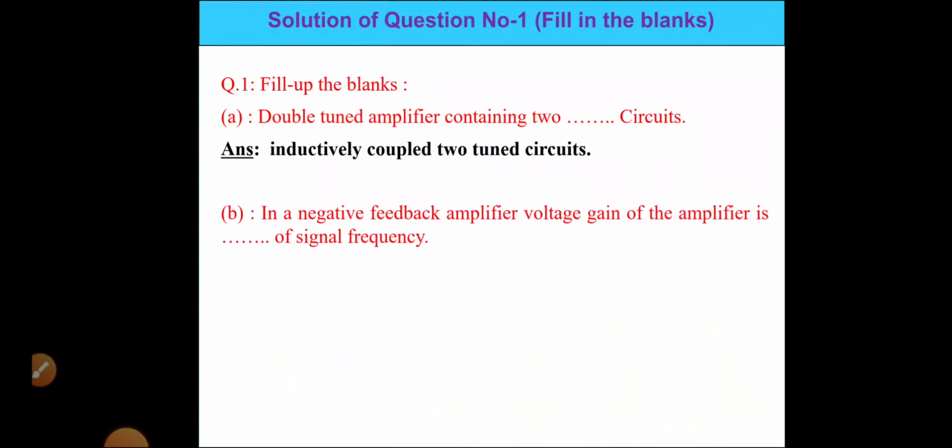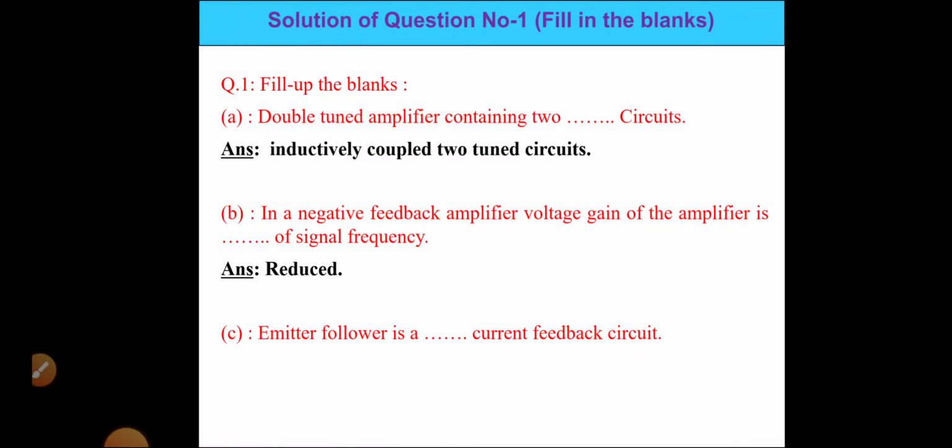Question number 2: in a negative feedback amplifier, the voltage gain of the amplifier is dash of the signal frequency. That means in a negative feedback amplifier, the voltage gain will be reduced. When we use negative feedback, the voltage gain is reduced, we know it.